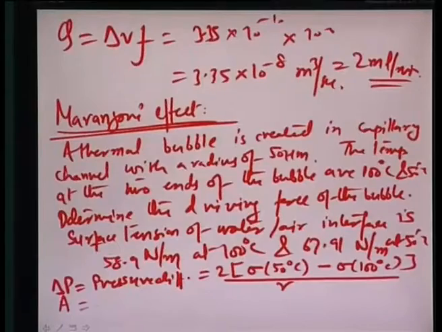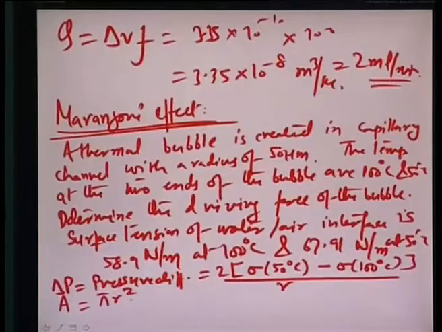Here both are given, and the area in this case, with a 0 contact angle, when we assume the whole droplet has spread over the surface, is pi r square, where r is the radius of the bubble in question.